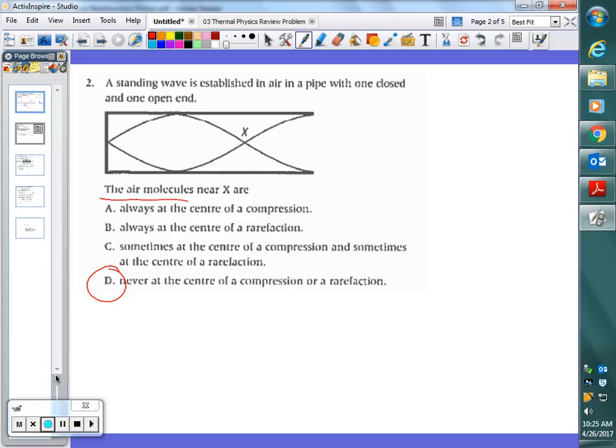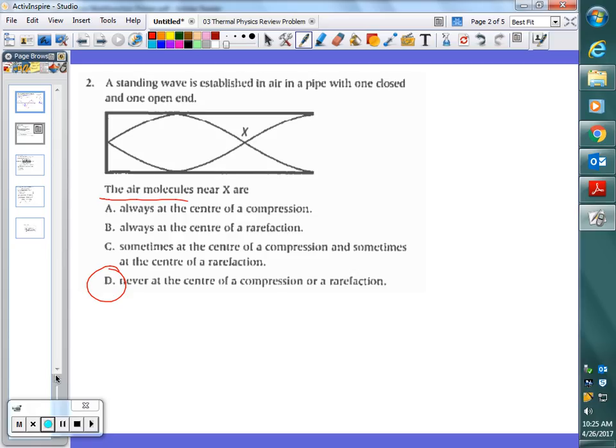If I was at the bottom of the wave, would that be rarefaction? That's a hard one to tell because at the antinodes, the greater amplitude, that could be 2 compressions adding up together, or it could be 2 rarefactions adding up together.